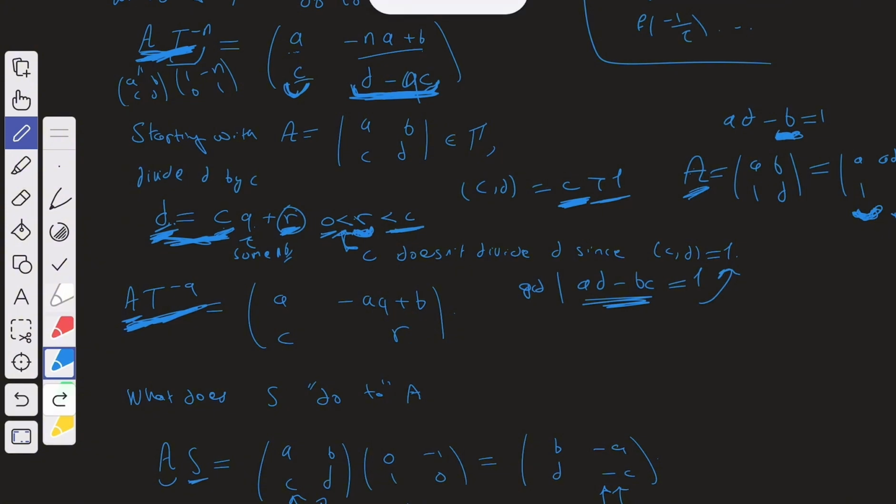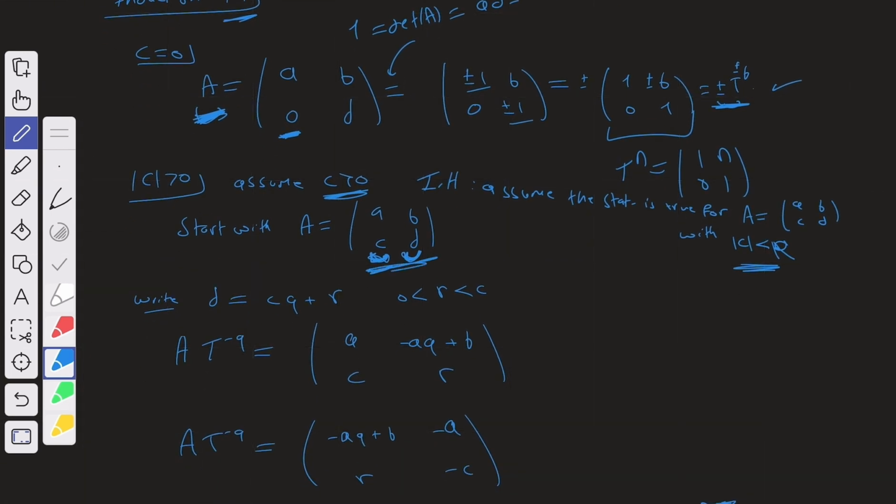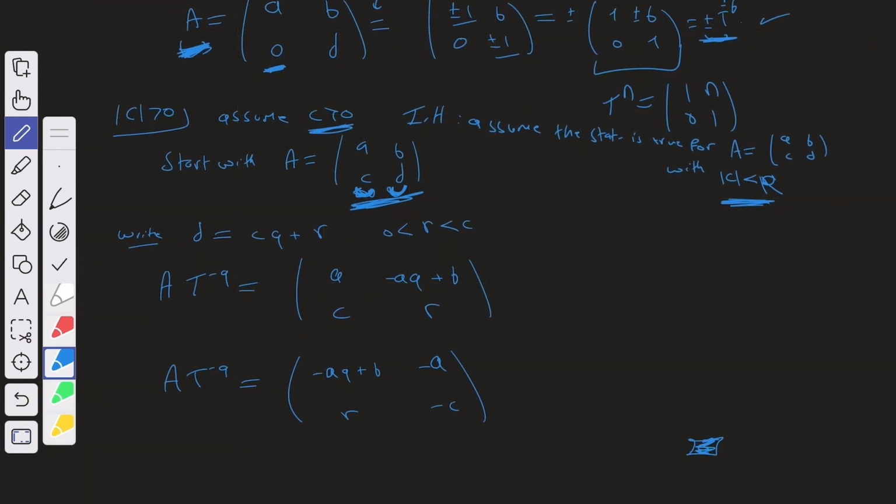So if we go back to our analysis, we're going to start with an arbitrary matrix now that is of size equal to R, say, and then we're going to try to make this D smaller than C. Because we can, by the division algorithm that we just explained, we divide D by C and we multiply A by T to the minus Q, and we get that there is an R here that is strictly less than C as desired.